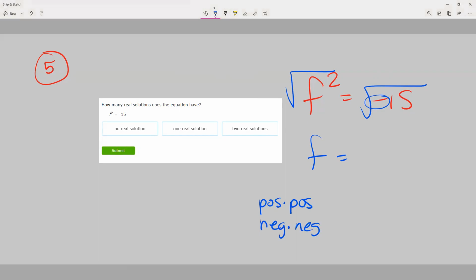But there's no way I can do a positive times a negative in order to get a negative sign, because then these are different numbers. So then I'm not squaring it after all. It's not squared. Make sense?